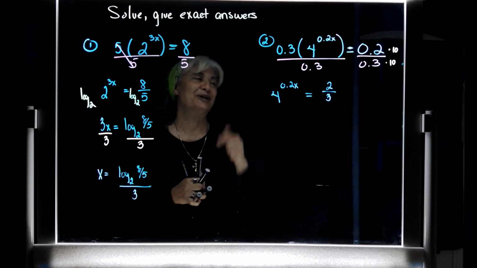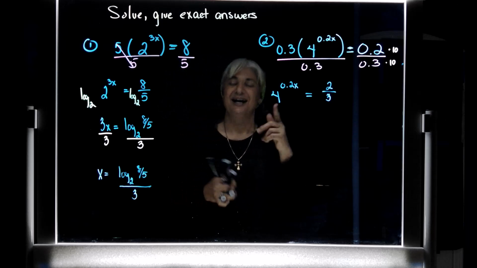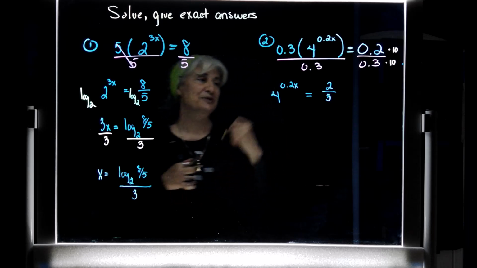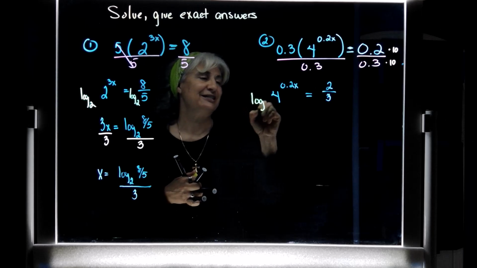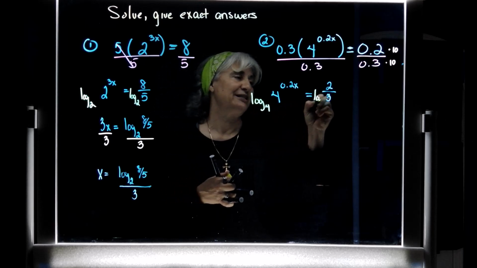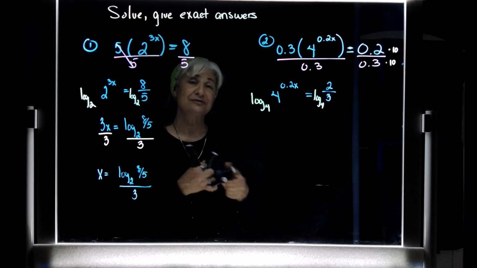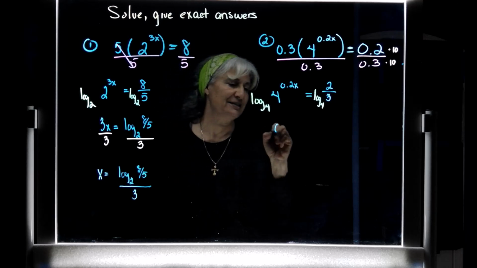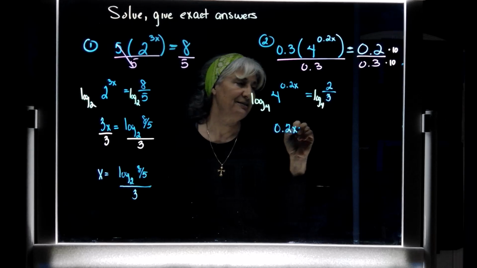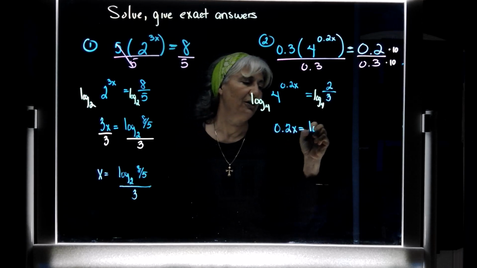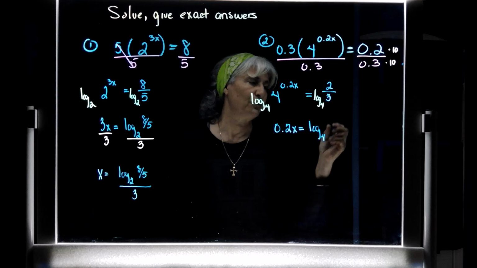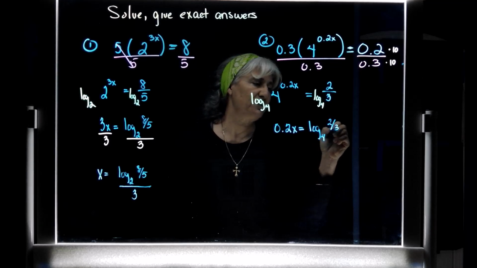Good? Okay, now what? Log base 4 on both sides. Because I need to get to the x, which means I need to get rid of the base. Understood. And now it looks like 0.2x equals log base 4 of 2 over 3.